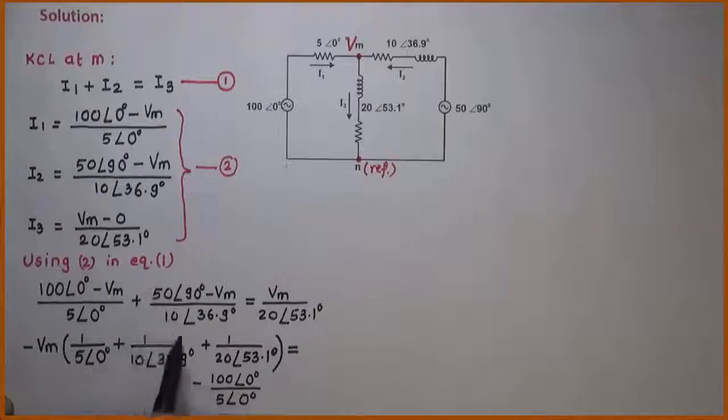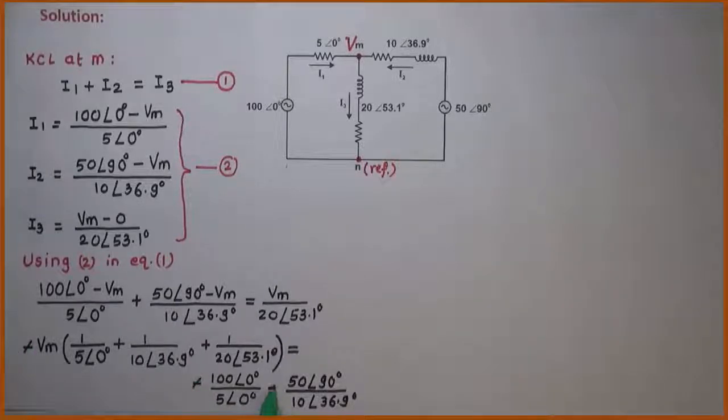Similarly, this term, when I take it to this side, it will be minus 50∠90 divided by 10∠36.9 degrees. Now this minus sign and this minus sign will get cancelled. Using your calculator, this bracket value can be calculated.